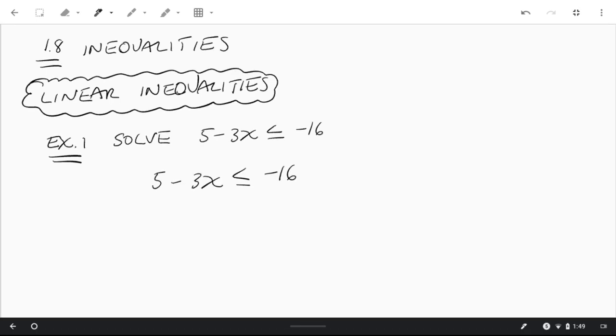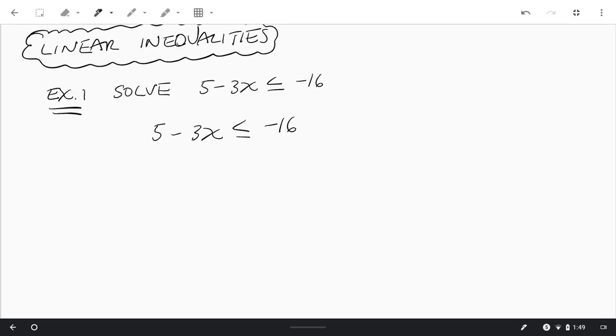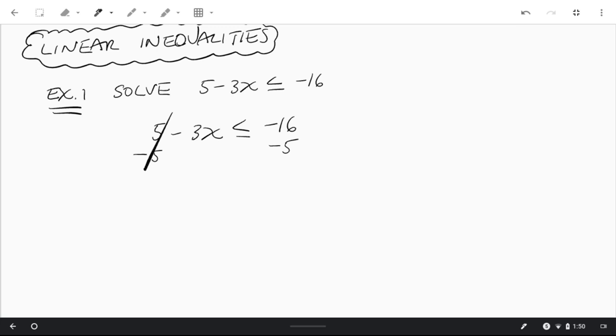Just like with equations, we try to get the variable x by itself on one side. So I need to subtract 5 on both sides, and that will leave me with negative 3x less than or equal to negative 21.